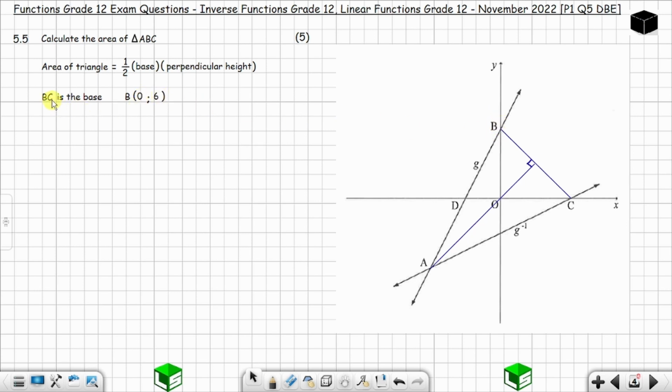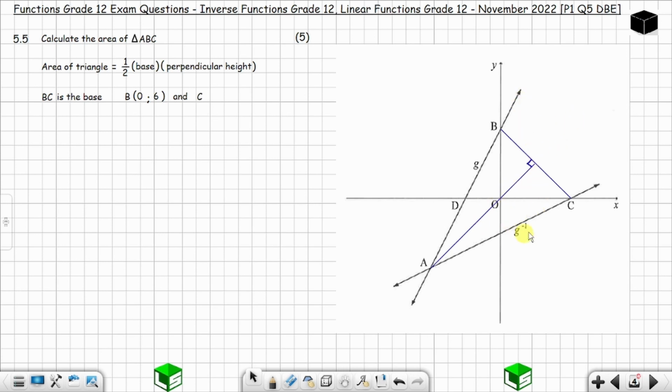You also need the coordinate of C so that you can calculate the base, this length BC. G and the inverse of G are symmetric about the line y is equal to x. There is a line y is equal to x there.